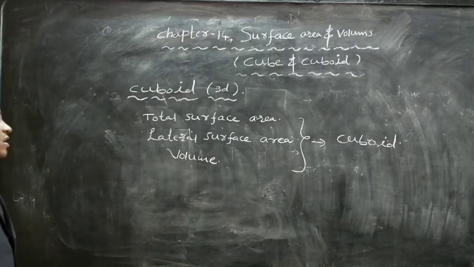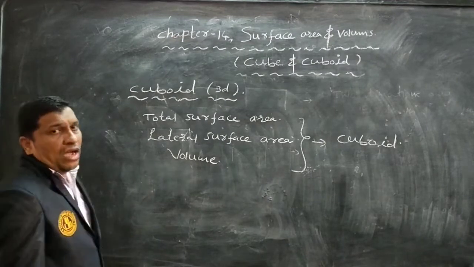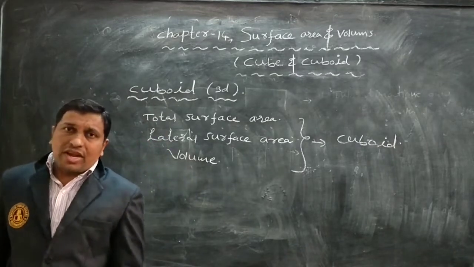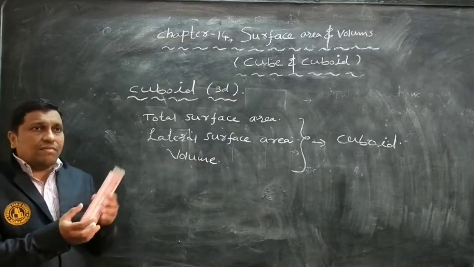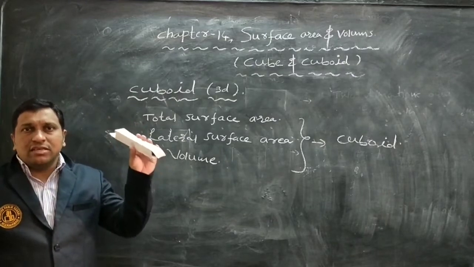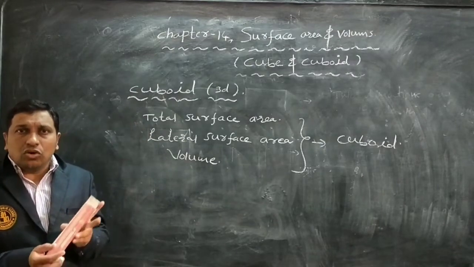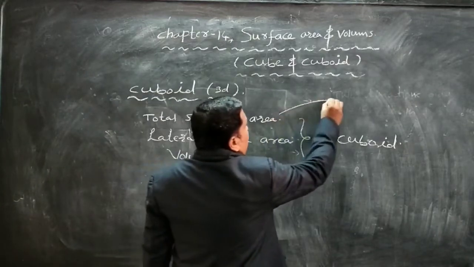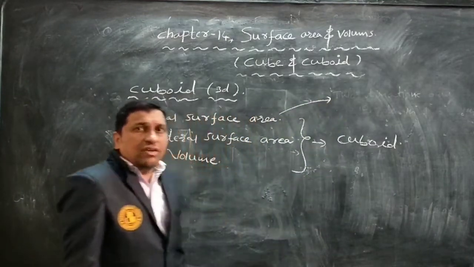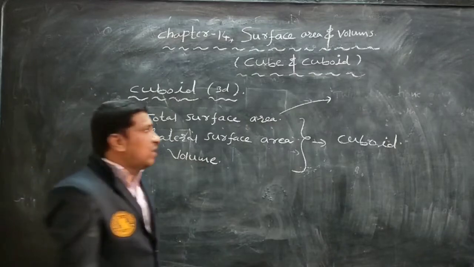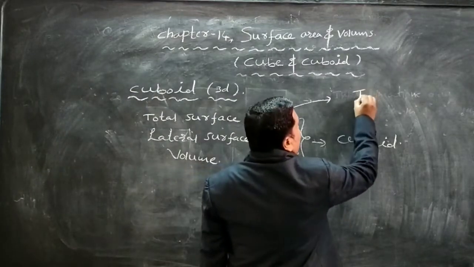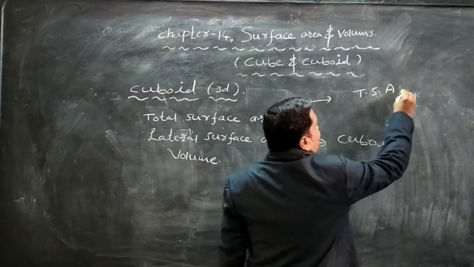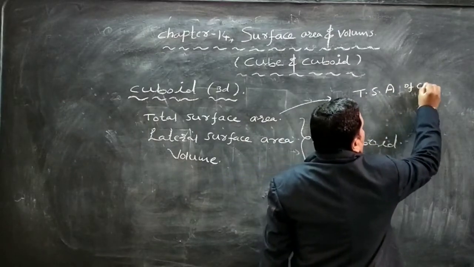What is total surface area, what is lateral surface area and what is volume? For example, we take the same toothpaste box, a three-dimensional figure. What is total surface area? We write the short form: T for total, S for surface, A for area, TSA of cuboid.